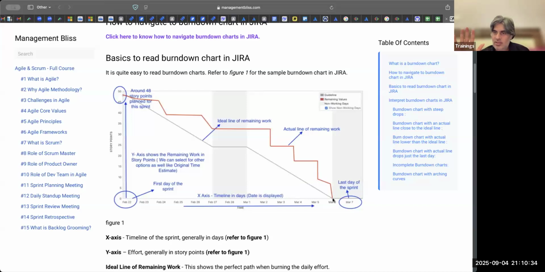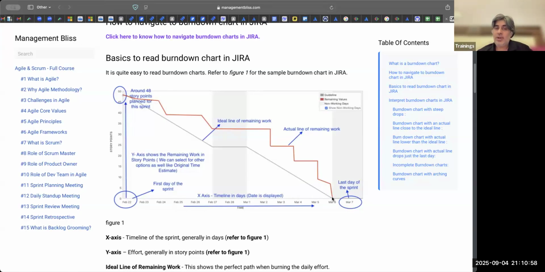Is this clear? So don't be scared of this word burning. Burning means doing points. I have 48 points to burn on day one, which means I have 48 points to do. On the last day of this sprint, I have 0 points to burn, which means I have done all my work. So this is on a very basic level.